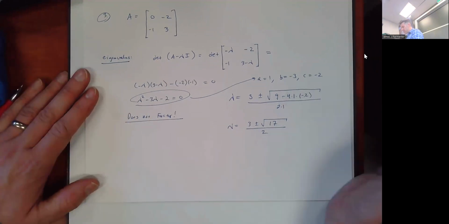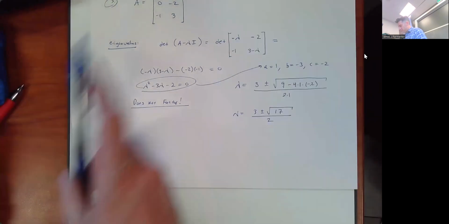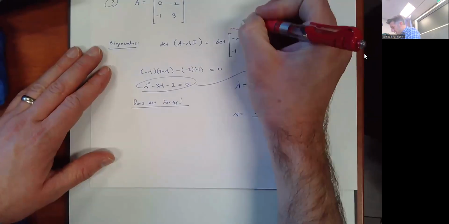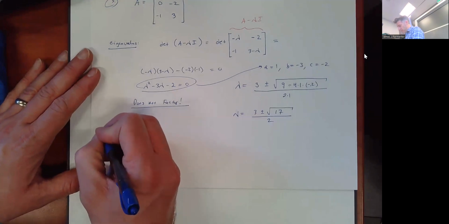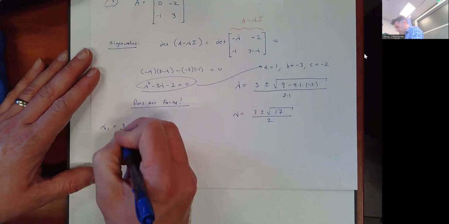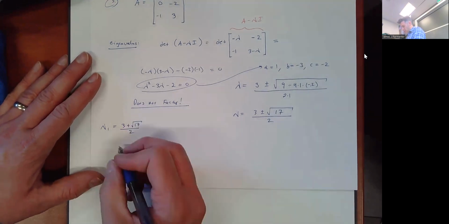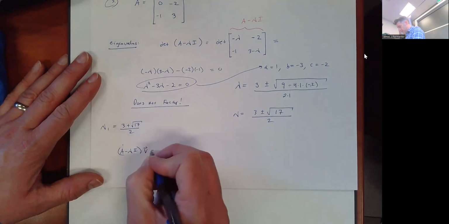So yeah, I think I have enough room here. So there's my A minus lambda I. So let's pick the one that's plus first. So for lambda 1 equal to 3 plus the square root of 17 over 2, we're going to do A minus lambda I times the unknown eigenvector equal to 0.